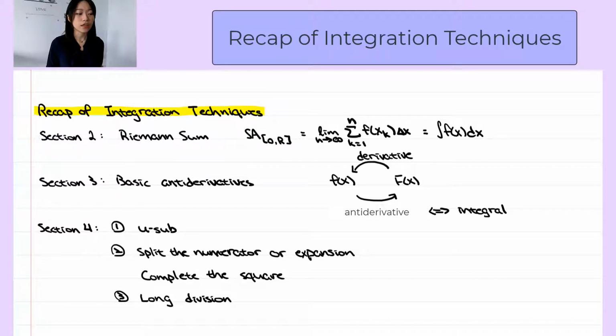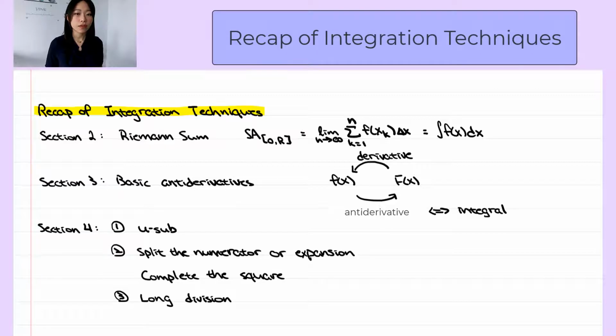So from this section, we got a lot of basic antiderivative formulas from the derivative formulas that you learned in Calculus 1. And then in section 4, we learned 3 basic integration techniques.